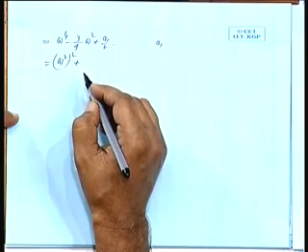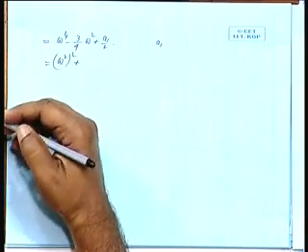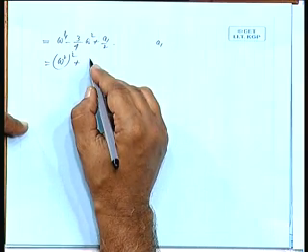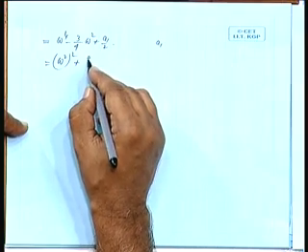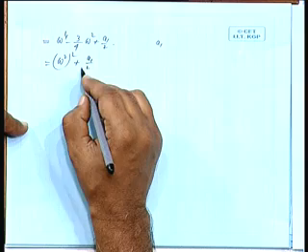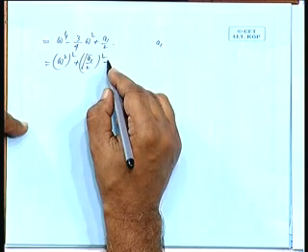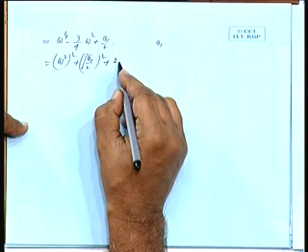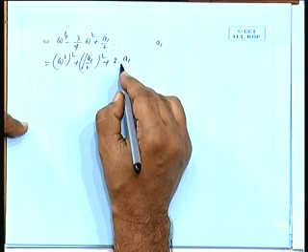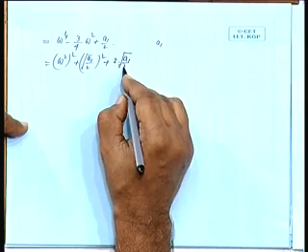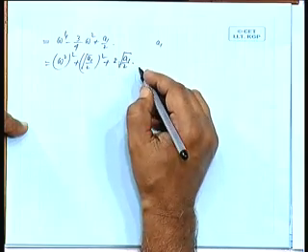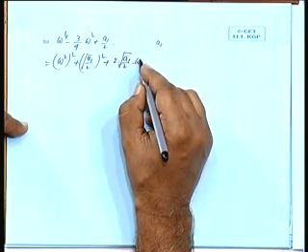plus a1 by 2 whole squared, plus 2 into root over of a1 by 2 into omega squared.